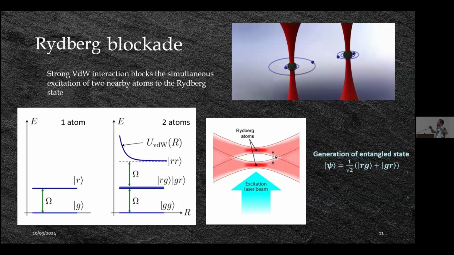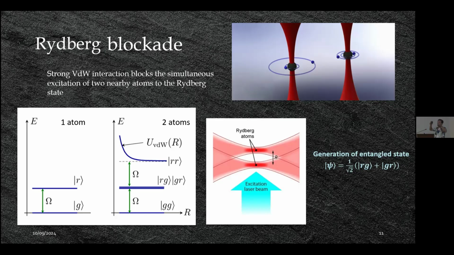Of course, if they are at a long distance, they will not interact, so they're like separate systems. But if I put them next to each other, the van der Waals interaction won't allow me to excite them both to the Rydberg state. Essentially, that means that one can go up and the other one won't.